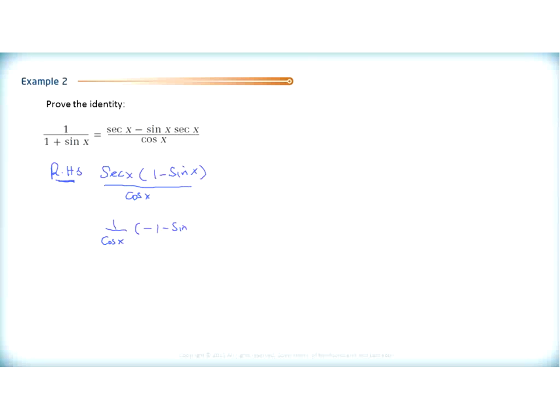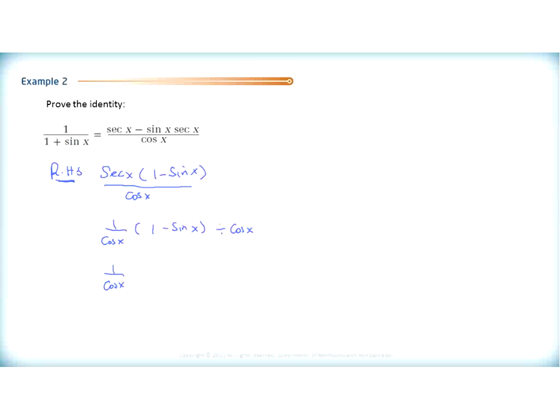I'm not sure where that negative one comes from, let me get rid of that and fix it again: 1 minus sine, now divided by cosine. Agreed? So I took my numerator, which is 1 over cosine, times (1 minus sine) divided by cosine. I'm not going to multiply the 1 over cosine in through; I'm going to leave that as it is for now. You'll see why.